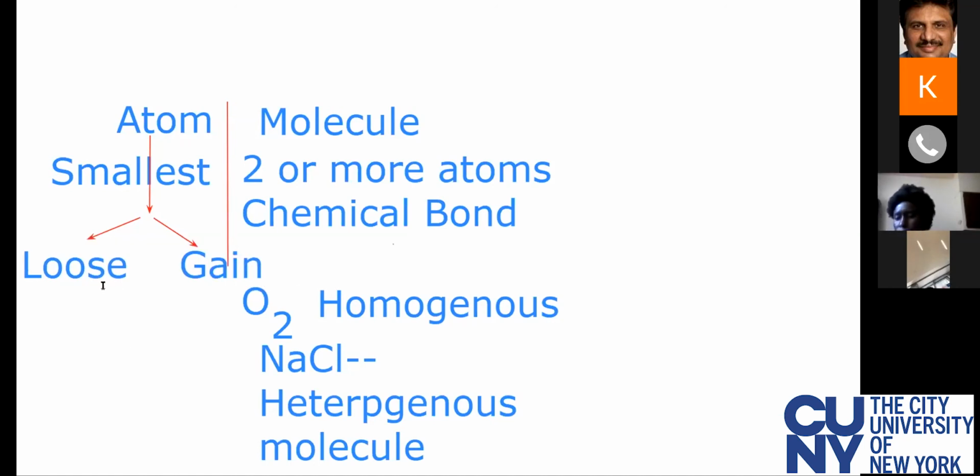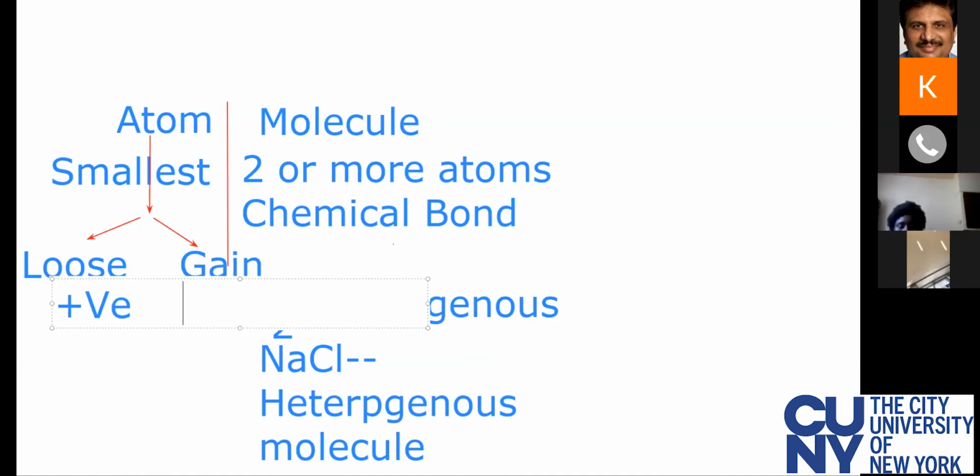So when an atom loses an electron, you have to consider that an atom is a neutral entity, with an equal number of protons and an equal number of electrons. If it loses an electron, then the number of protons becomes higher. So when it becomes higher, the atom becomes positively charged.